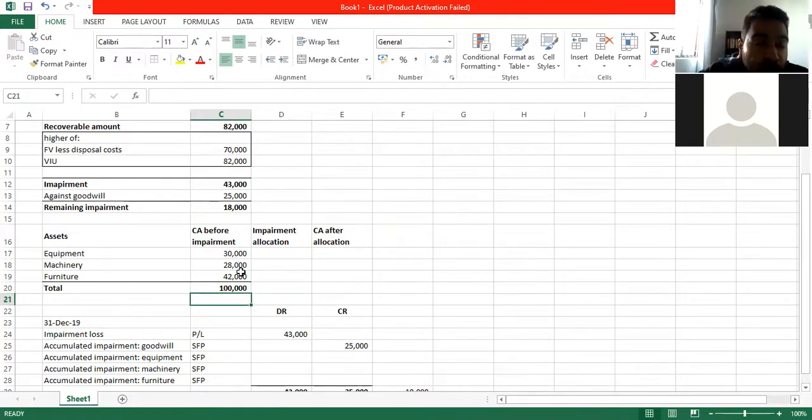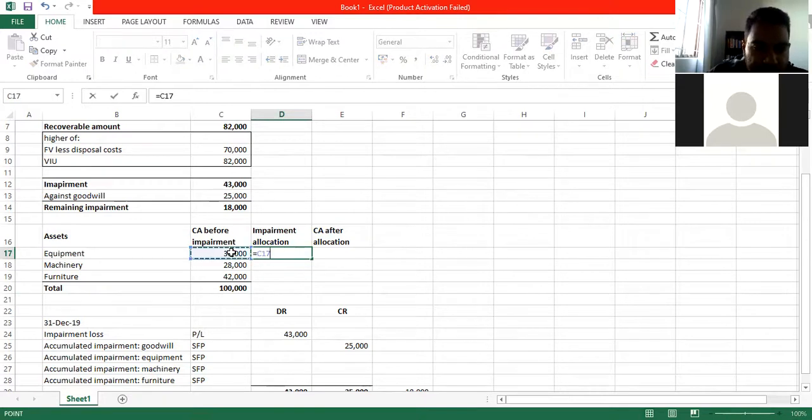Why? Because they all fall within IAS 36. They're all PPE, and all PPE assets are within the scope of IAS 36. So we can apply the allocation to all of those. So how do we do it? We say 30,000 divided by 100,000. You can see we excluded goodwill, multiplied by the remaining impairment, not the 43,000, but the 18,000.